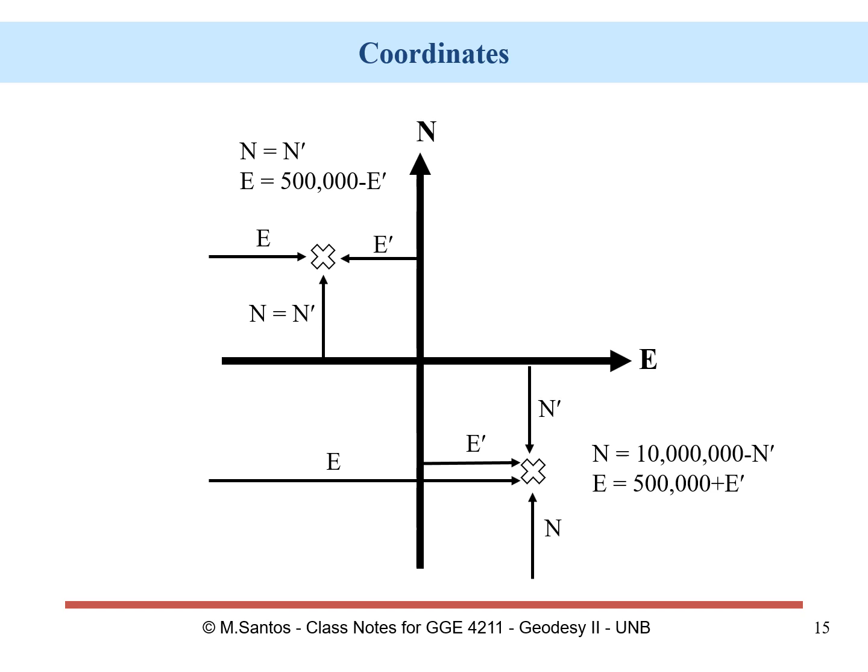The coordinate E, easting, of the point west to the central meridian is equal to the constant at the origin, 500,000 meters, minus the distance between the central meridian and the point, E prime.